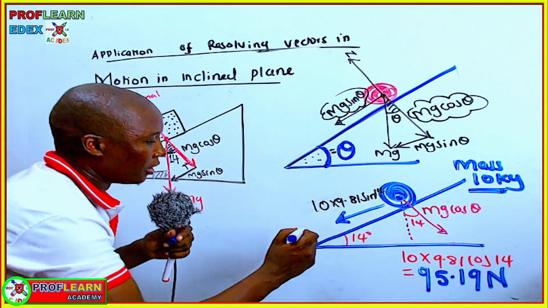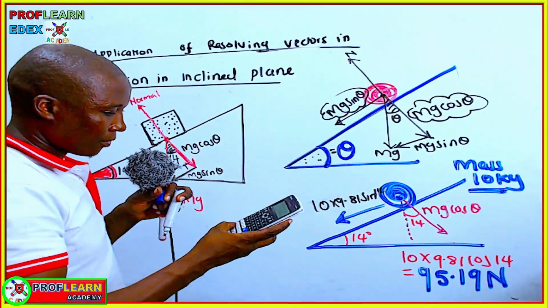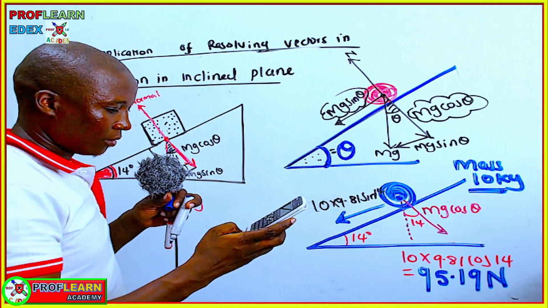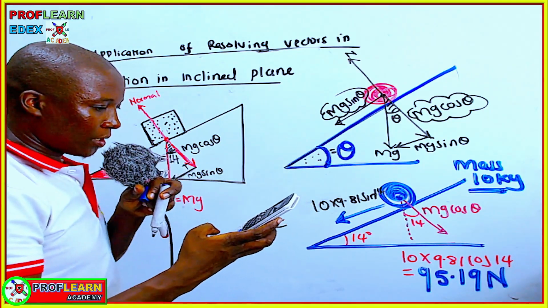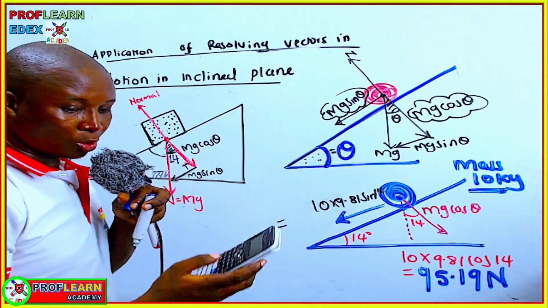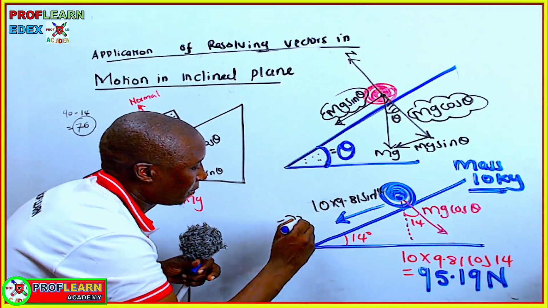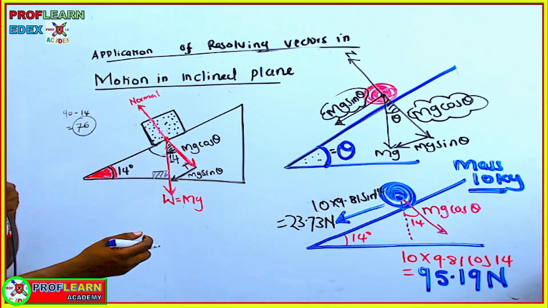Working it out, it becomes 23.73 Newton. So the force that is pulling it down is 23.73 Newton.